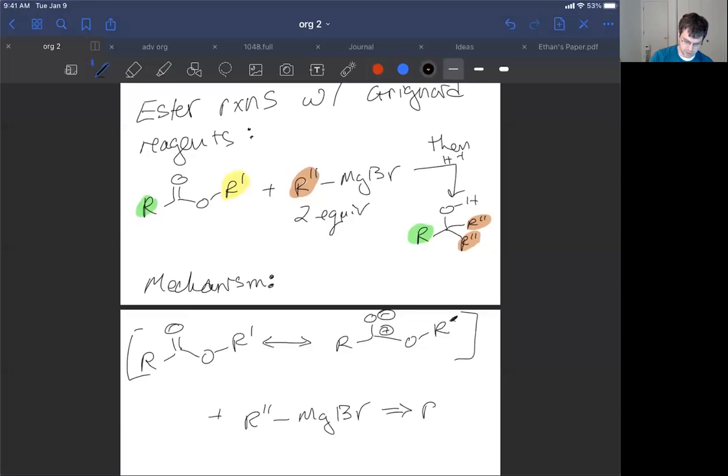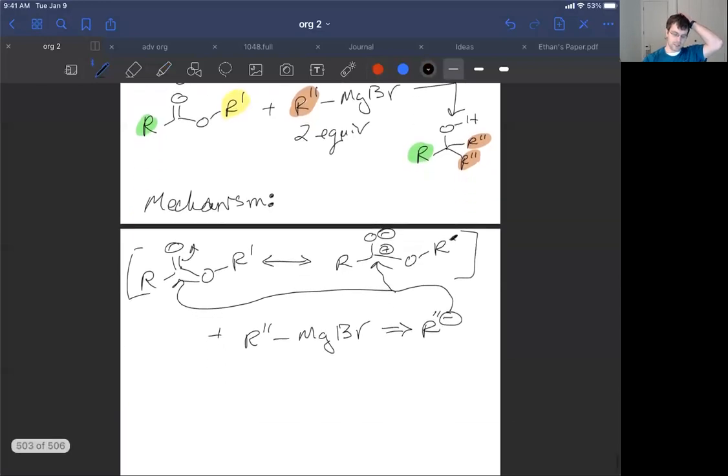We can think about that as R'' minus, which I think is helpful. So that can add to the carbonyl carbon. You can use either depiction to guide your eye. If we use the original depiction, we have to add a second arrow, but it saves us drawing a structure. With that addition, we get to a tetrahedral intermediate. So we've done the addition step.